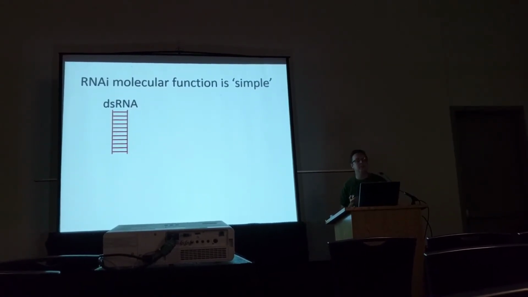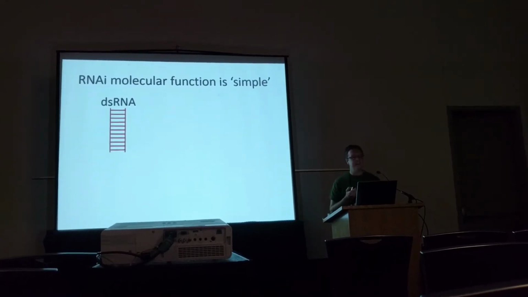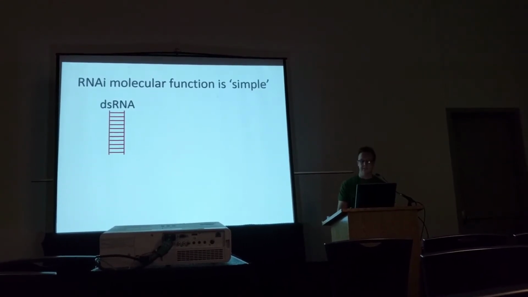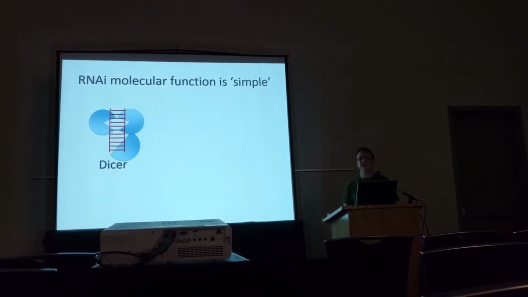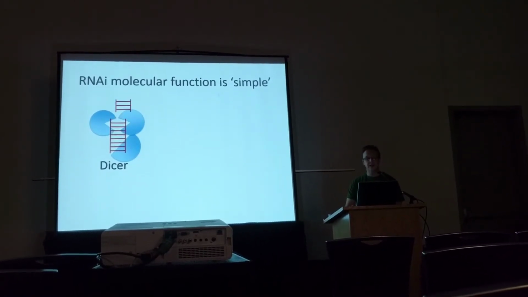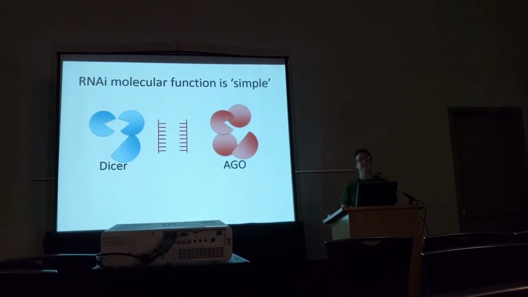So what do we know about how RNAi works? Like I said, RNA interference has a deceptively simple molecular basis. It starts with a double-stranded RNA molecule, and this molecule is detected by a Dicer enzyme that then cuts it at a specific length and then releases it.